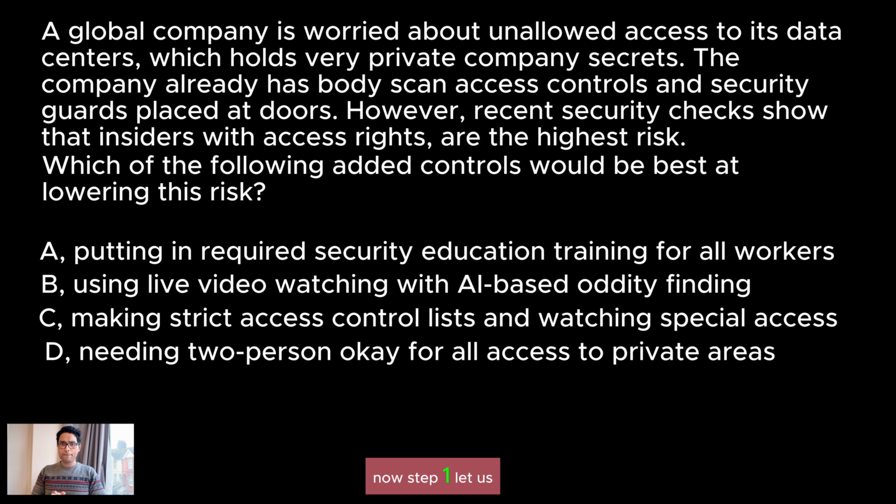Now, step 1, let us seek the risk. The main issue is insider threat, meaning the attack comes from someone who has allowed access rights. This is the problem we need to fix here. Nothing more, nothing less. Step 2, let us decide the best control type. So we need stopping or finding controls that directly handle insider threats, not just general physical security.